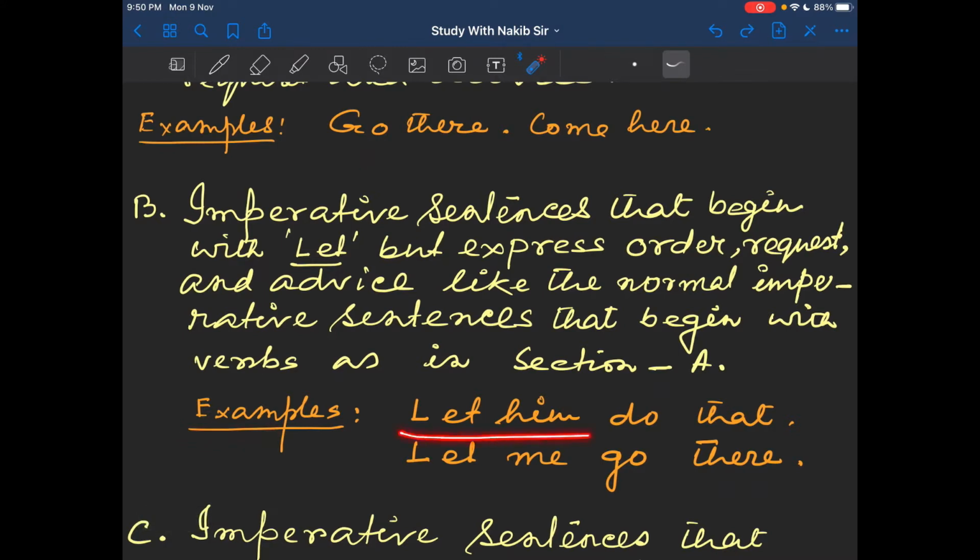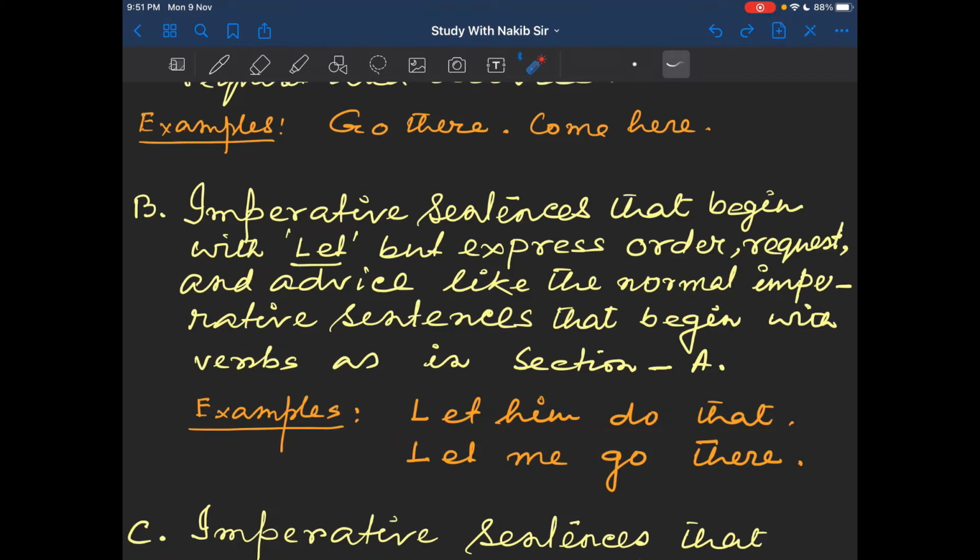Let him do that work. This sentence begins with let, but it is working like the ordinary normal imperative sentence of section A. It is expressing an order or a request or a piece of advice.